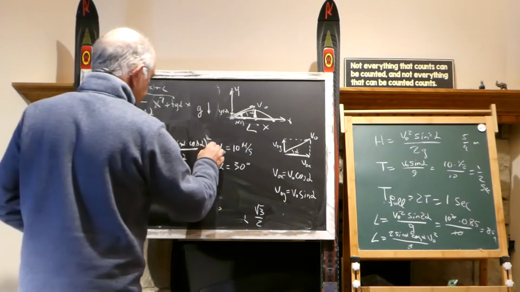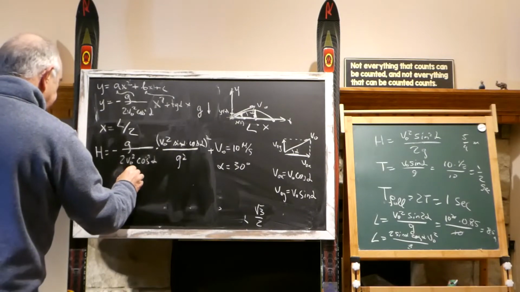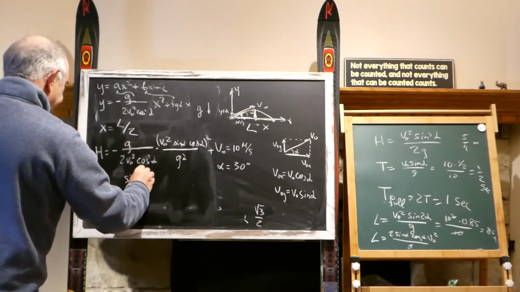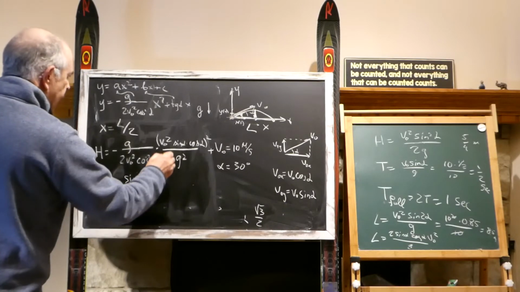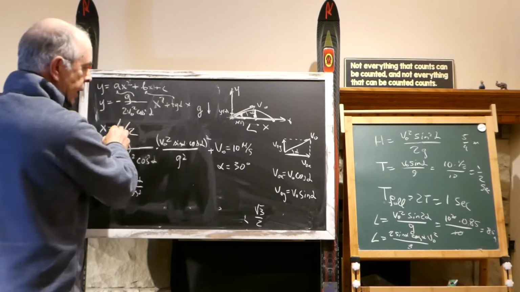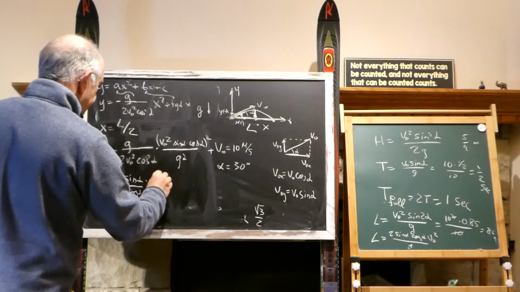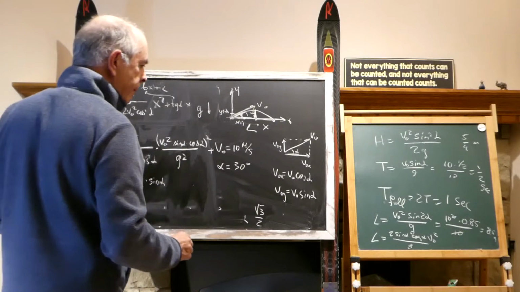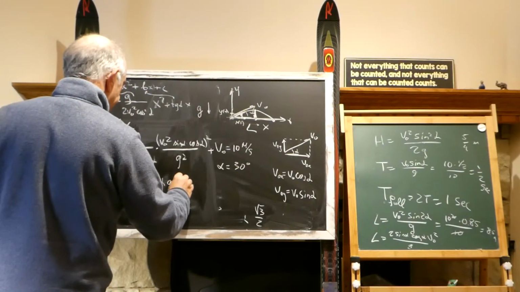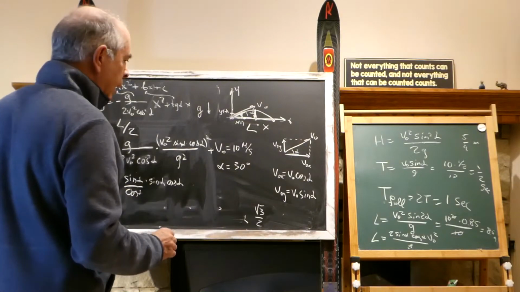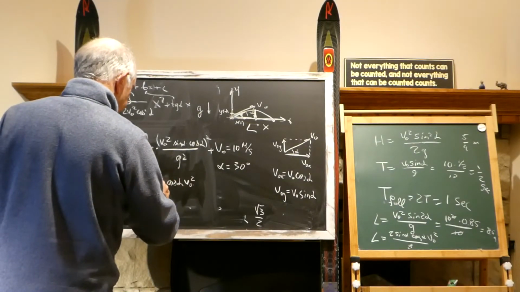And then I have to put plus this tangent alpha. Tangent alpha would be sine alpha over cosine alpha, right? And x would be L over 2, so it would be sine alpha cosine alpha v0 squared over g.